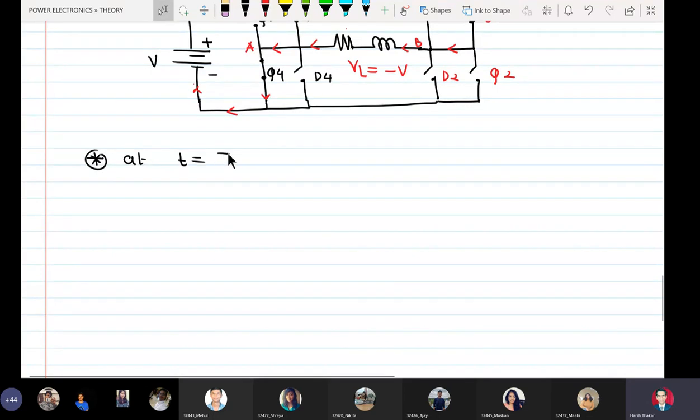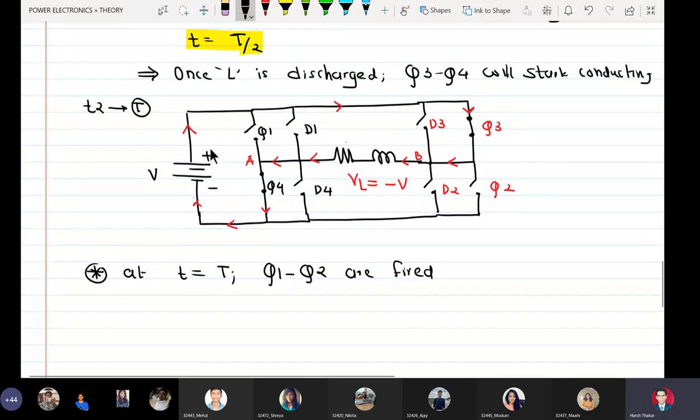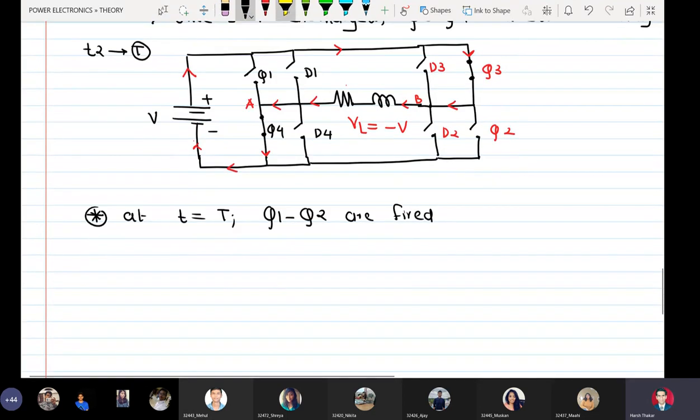Now at T equal to T, again Q1, Q2 are fired. How was the current flowing? The current was flowing like this. Please see the nature of the current. So what will happen at t equal to T? The inductor will offer a polarity.